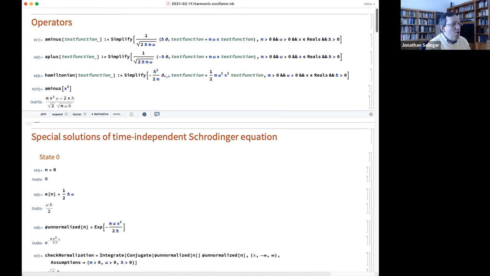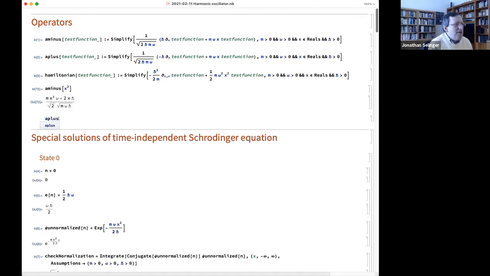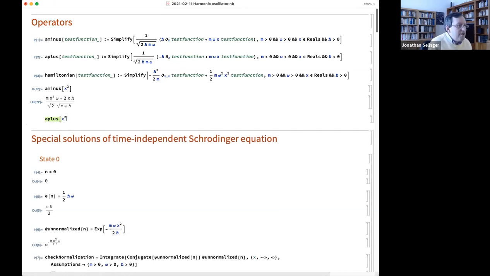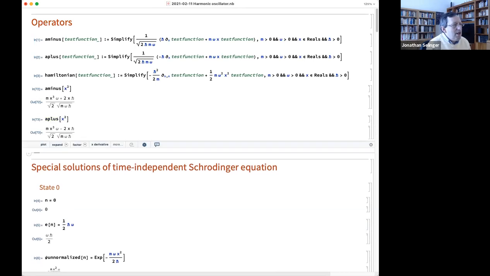Or A plus acting on x squared produces this function, very similar except for the plus or minus sign.